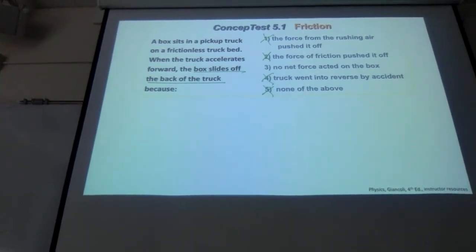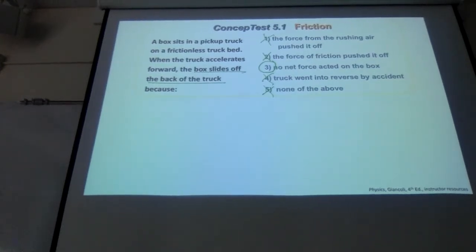Instead, if we had friction, the box would have stayed in the truck. It's the fact that there was no friction that the box left. Instead, it's because the forces added to 0 that the truck left, and the box stayed right where it was. It's like, I'm here, bye-bye truck, and then it just fell to the ground, okay?